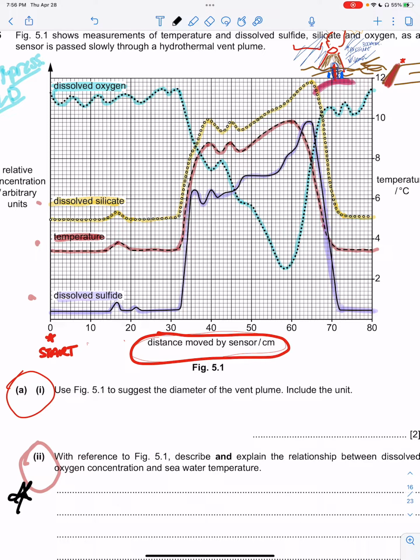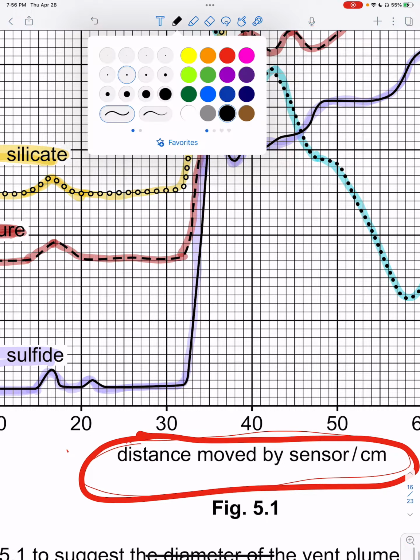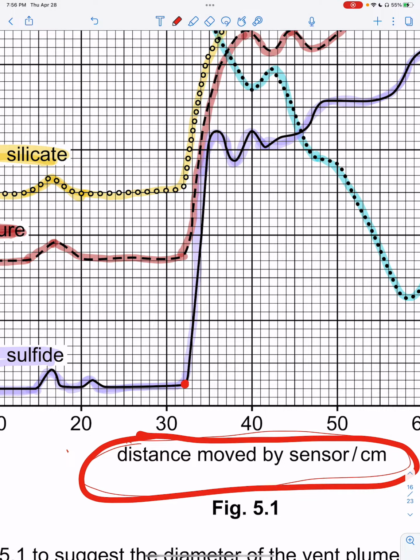All right, so if we look at the graph, we start to see a pretty big spike. I'll use a different color. Right here for the sulfide. Right here for your temperature. Right here for the silicates.